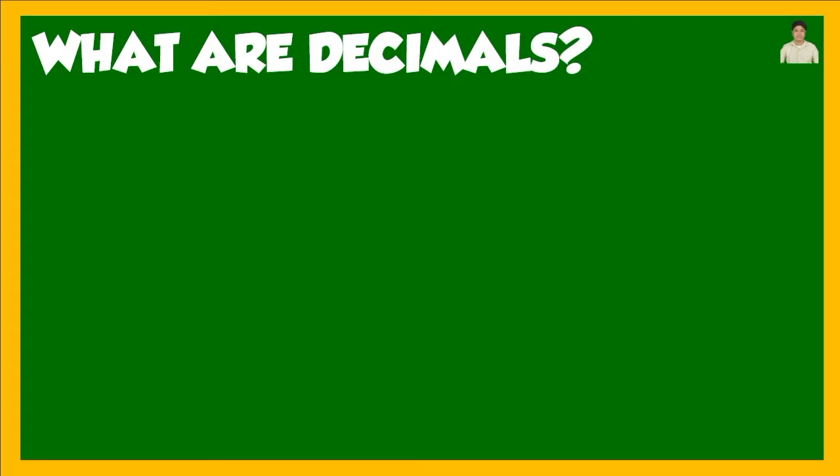Before we proceed to our main discussion, which is adding and subtracting decimals, let us first review what decimals are. Napag-aralan nyo na yung decimals during your early years in elementary. Dito, i-review lang natin ulit what are decimals.